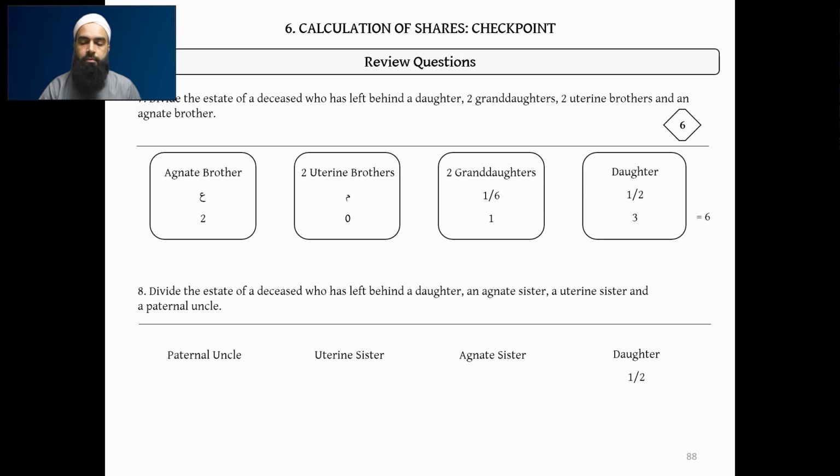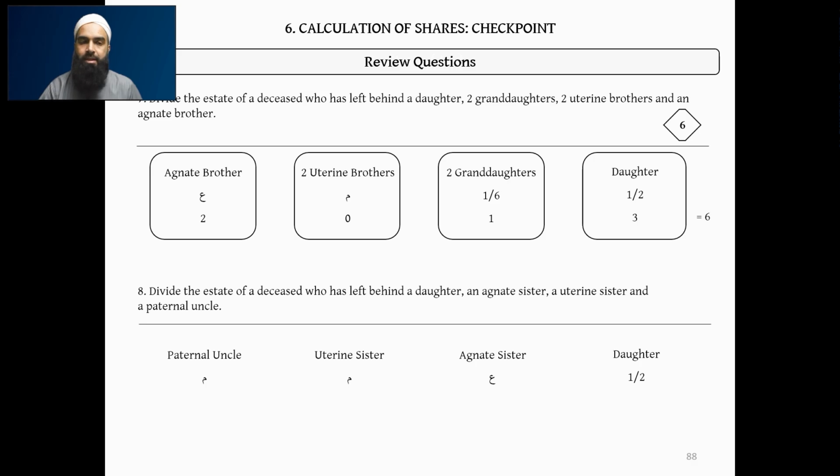Agnate sister this time will be the ij'alul akhawat ma'al banati asabatan, so she will become the agnatic shareholder. The uterine sister will receive nothing because there's the daughter there. And the paternal uncle will also receive nothing because there is an agnatic shareholder who's before him. The uncle is after the sister. Sister is higher in relation, so the sister will get the agnatic share.